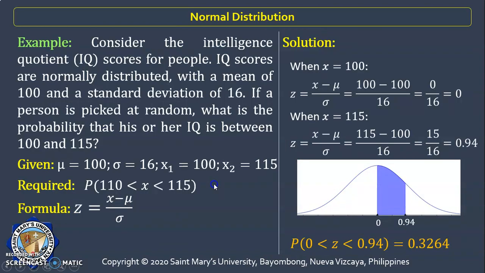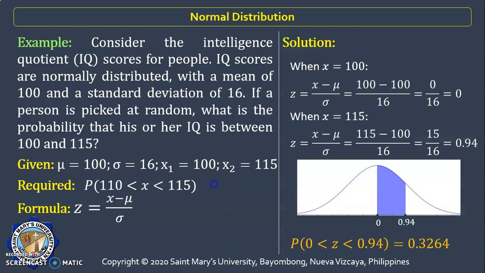Let us apply this in a problem. So, for example, consider the intelligence quotient scores for people. The IQ scores are normally distributed with a mean of 100 and standard deviation of 16. If a person is picked at random, what is the probability that his or her IQ is between 100 and 115?